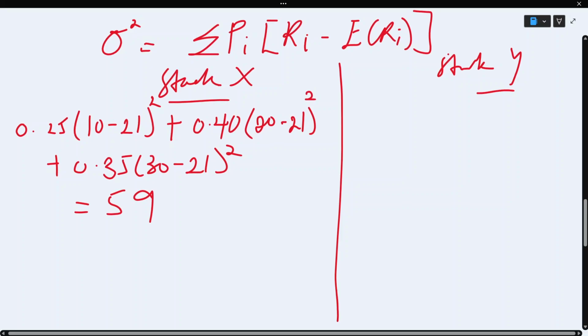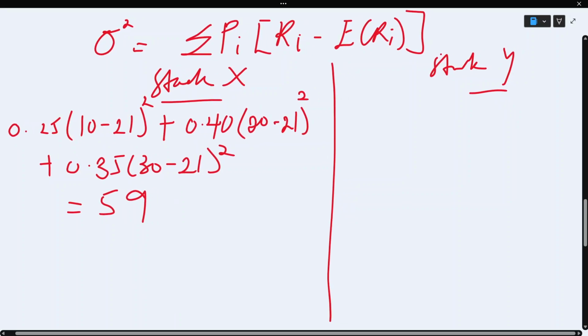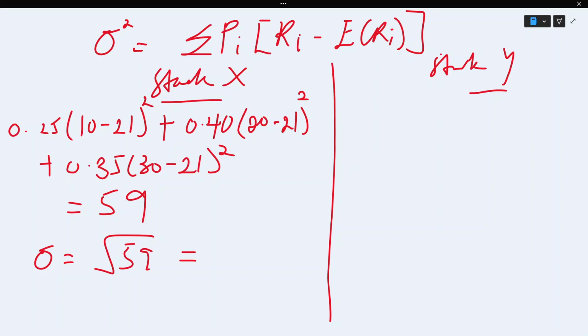How do you find the standard deviation? The square root of 59, which is 7.68.